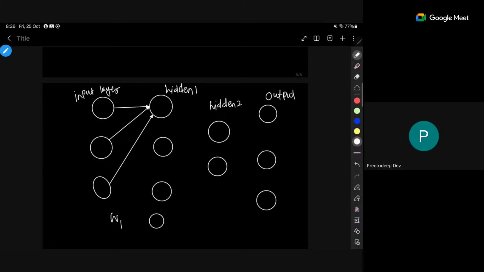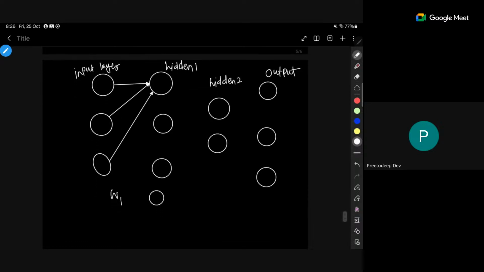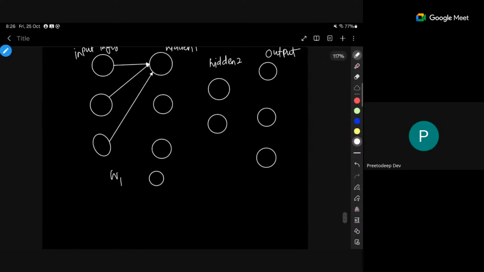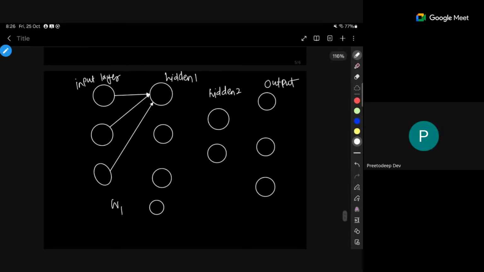That's how it's usually introduced, and you can have multiple layers also, not just 2. You can have as many hidden layers. The input layer is the first one, which will have neurons equal to the number of features. If you have 20 features, you have to take 20 neurons in the first layer.